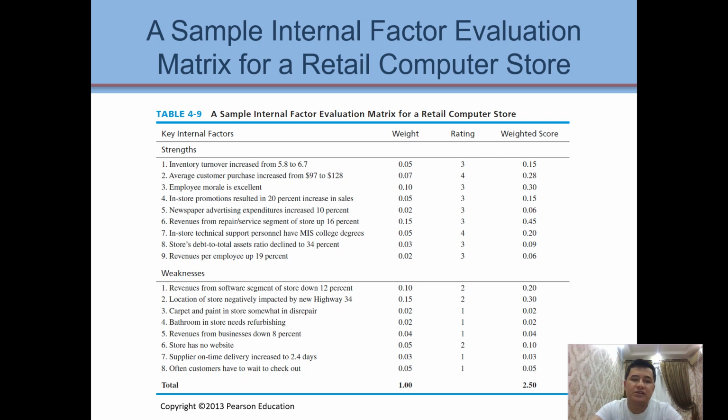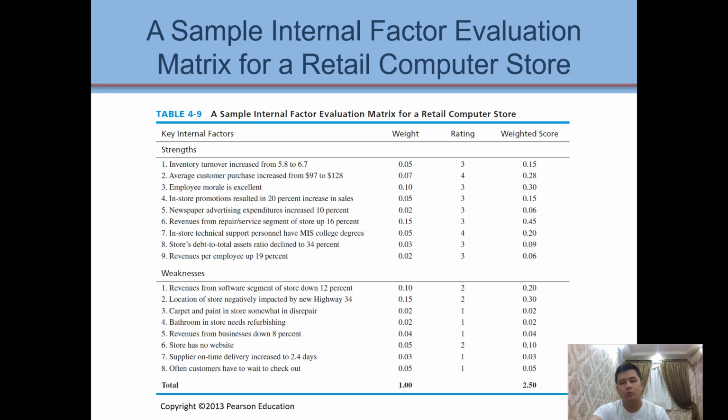And here it's given all the strengths of the retail computer store, right? And here it's given weaknesses. For example, one example of weaknesses is revenues from the software segment of the store down 12%. It means the weight equals 0.10, and rating 2, and here the weighted score is 0.20.